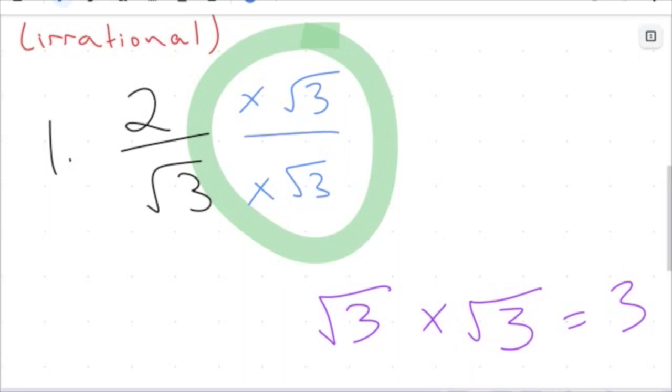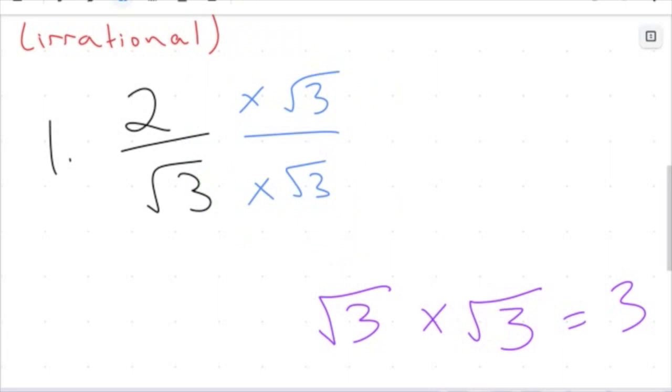And the only way we don't change our number 2 over root 3 is if we multiply it by 1. We get equivalent fractions by, in essence, doing some mathematical manipulation, but it always results in timesing by 1 because the denominator is the same as the numerator.